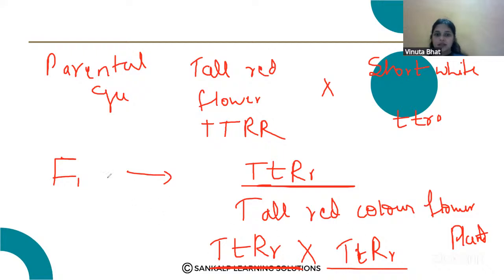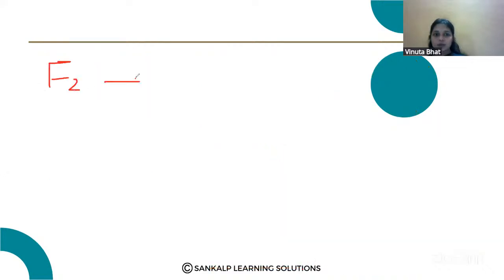Yes. Next, I will clear this. Next, I will do the next generation plants. The F2 generation plants are obtained by crossing capital T, small t, capital R, small r with capital T, small t, capital R, small r.